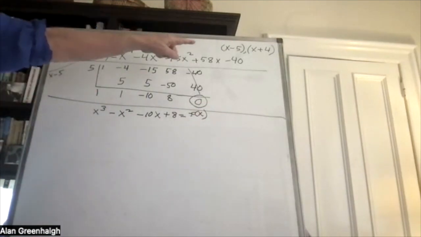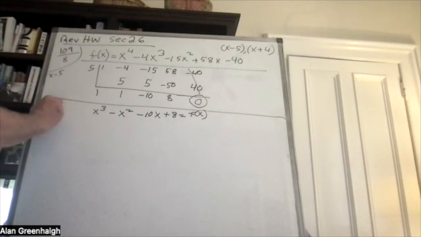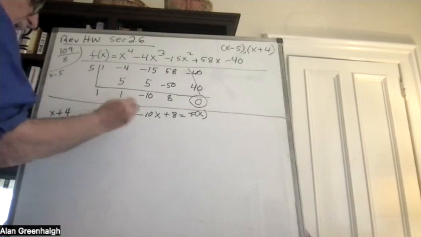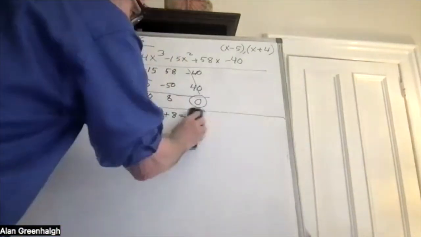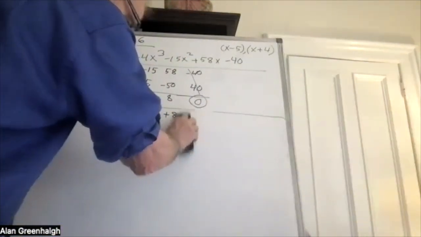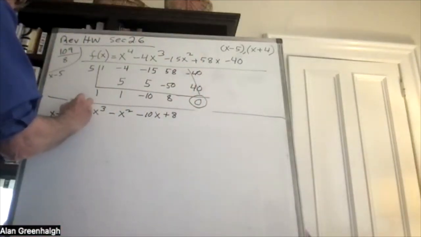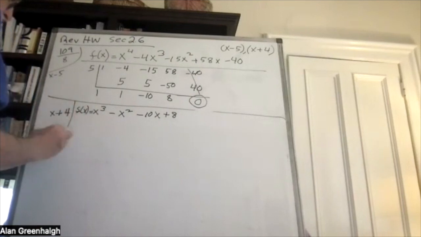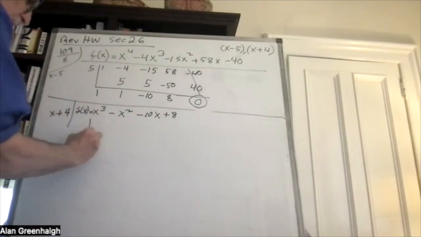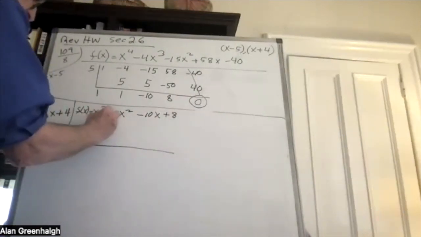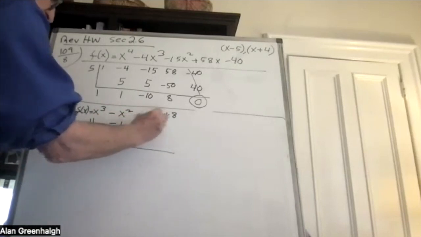Now we want to determine if x plus 4 is a factor. So we once again, well, this f of x looks crazy on the right side, doesn't it? You never see that. You see it over here. Okay, synthetic division. 1, -1, -10, 8.